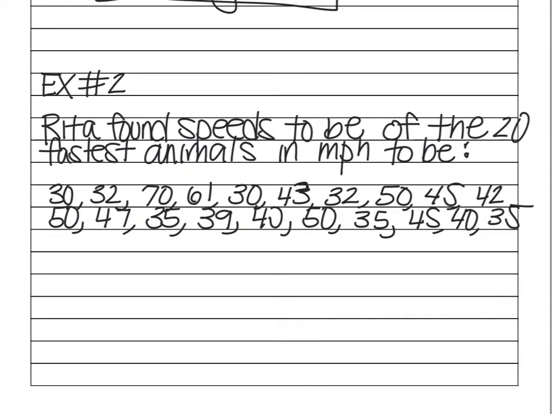Let's look at example 2. It says Rita found speeds of the 20 fastest animals in miles per hour, and she lists all of these out. So she's listed all of them out, and so I would say 2 possibilities: a box and whisker plot to show you the distribution, or I would say a stem and leaf, because you'll be able to line them all up and show what the exact amount is for each of them.